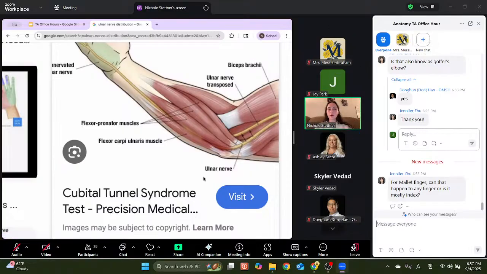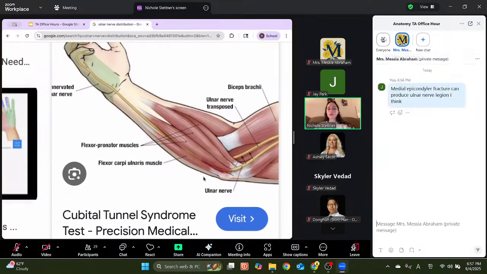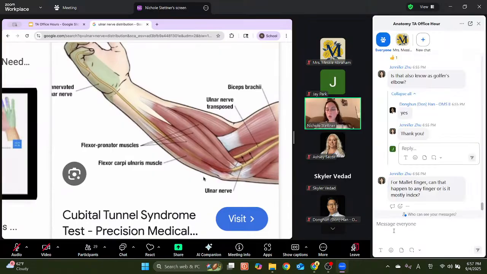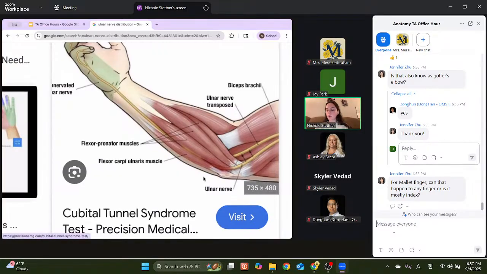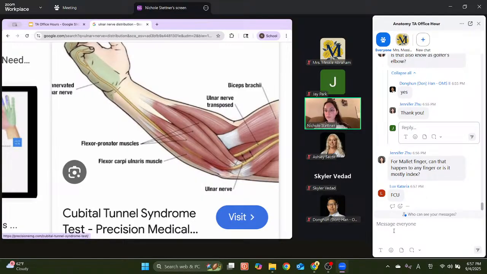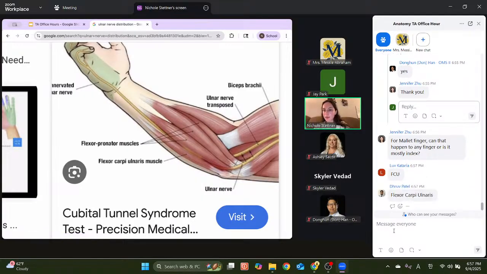And it's important to note too that the ulnar nerve at the elbow innervates what muscle that allows you to ulnarly deviate your wrist? Does anyone know? And I'll get back to your mallet finger question.